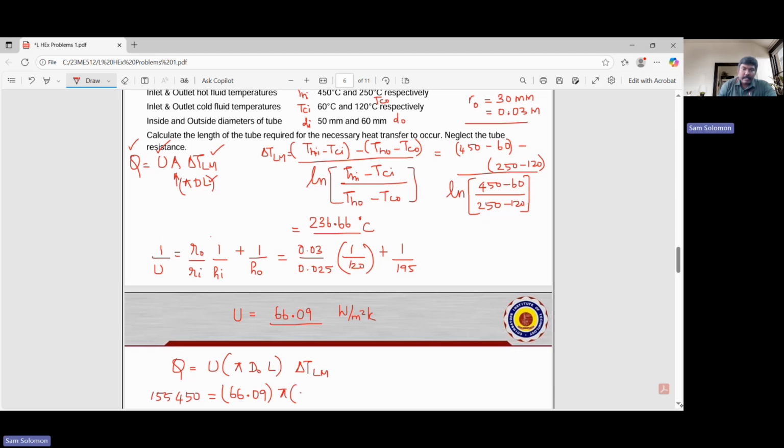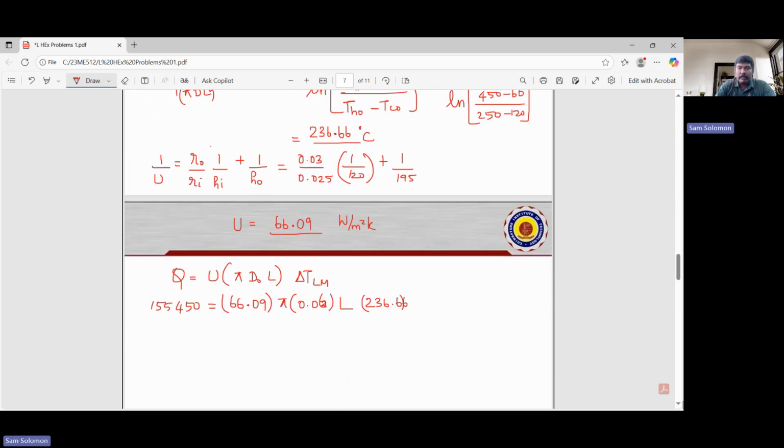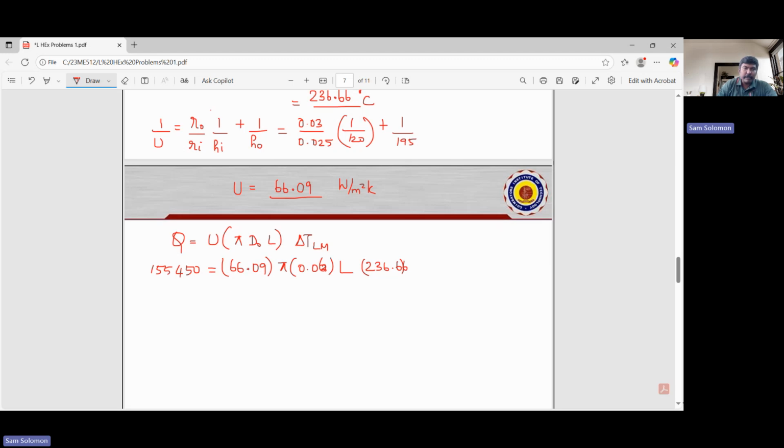The outer diameter is 0.06, isn't it? 0.06. L is what we are supposed to find out, multiplied by 236.66. So now if you rearrange this equation and solve it in your calculator, you should be getting the final value of length of the heat exchanger, which according to your textbook is 14.65 meters. Okay.